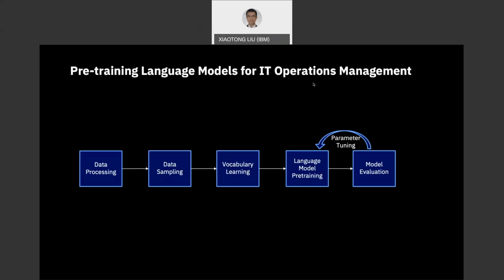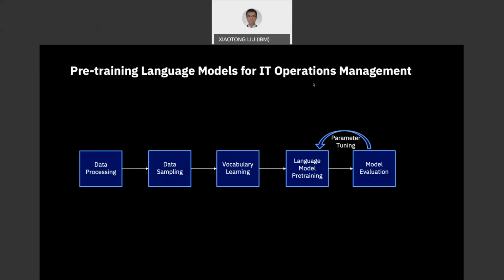To pre-train language models in the IT operations domain, we first process the input IT data into a normalized format using predefined rules, extracting the most informative texts, such as log messages, ticket descriptions, and so on. We also remove duplicates of text, which may be auto-generated multiple times by the system for the same event.